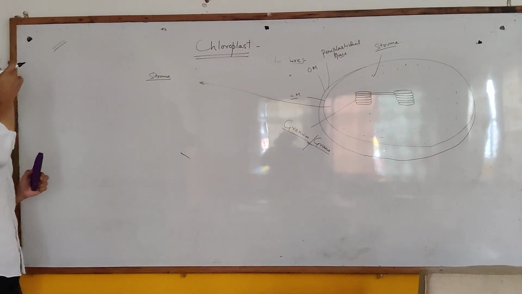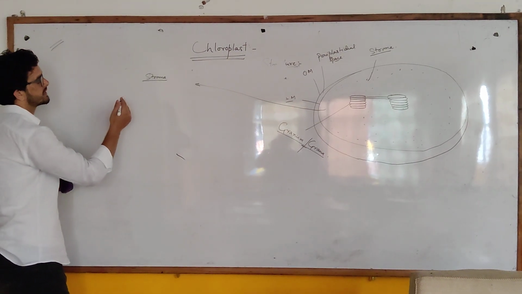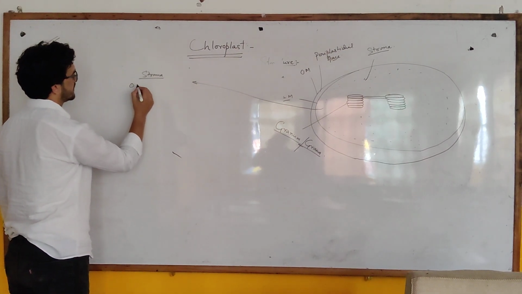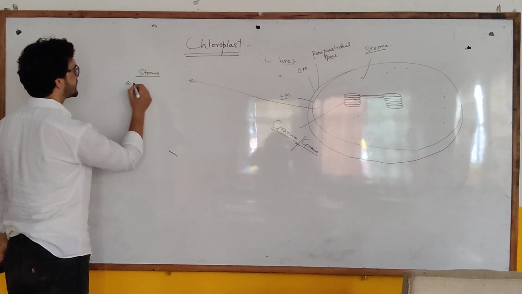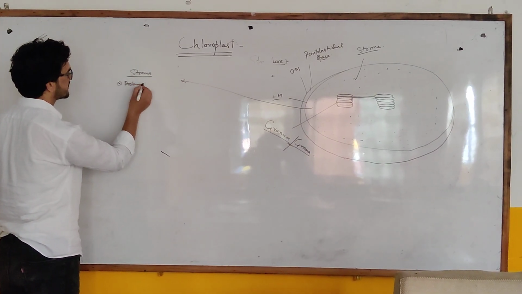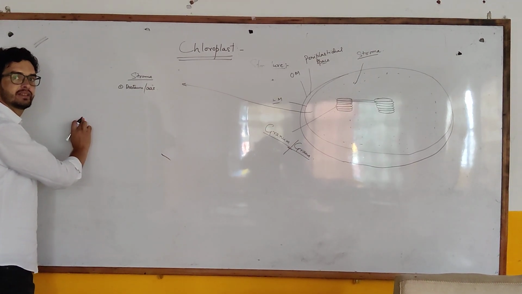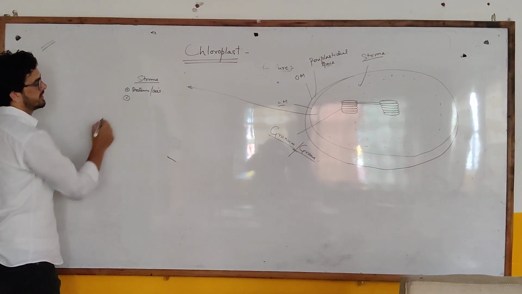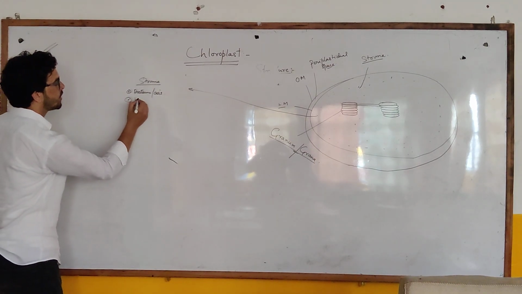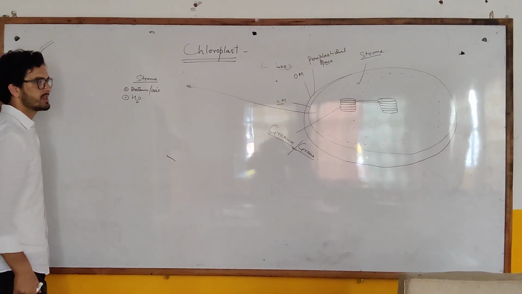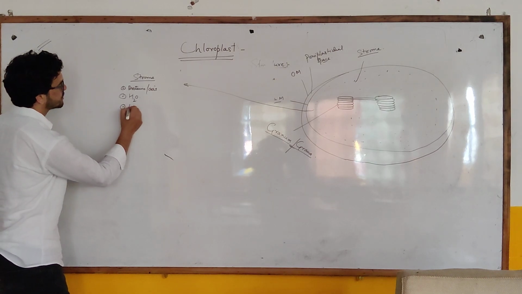Right? This stroma shows the presence of various proteins or amino acids. It shows the presence of water. It shows the presence of ribosomes.